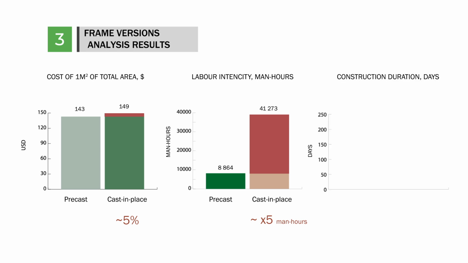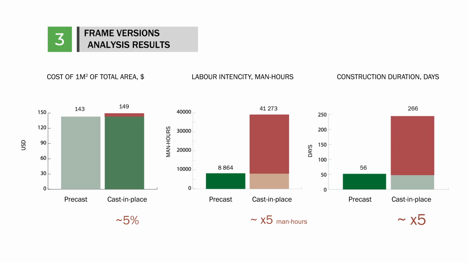The construction duration of the cast-in-place frame building, taking into consideration the outside finish, will take up to 266 days in comparison to 56 days needed for the precast frame. Therefore, the construction of the cast-in-place concrete frame will cost more, and the construction period will be almost 5 times longer in comparison to the precast concrete frame.